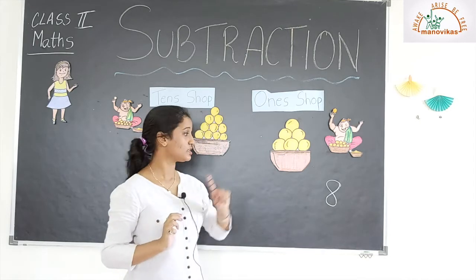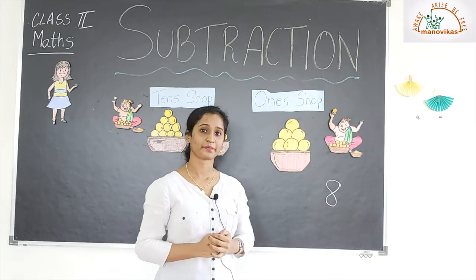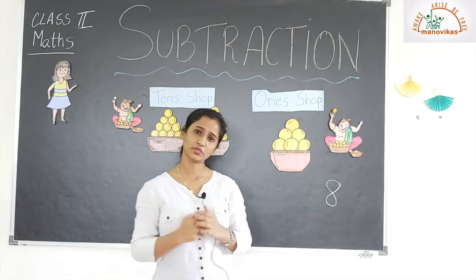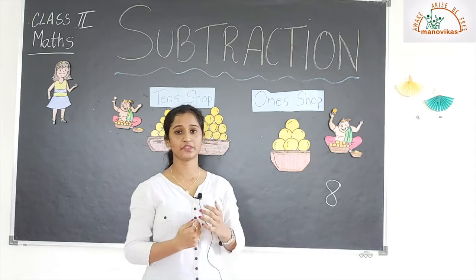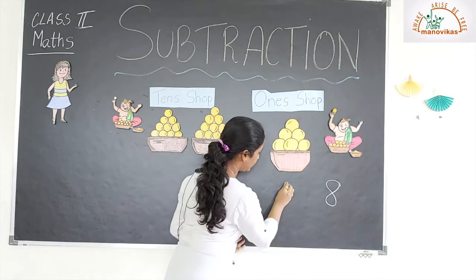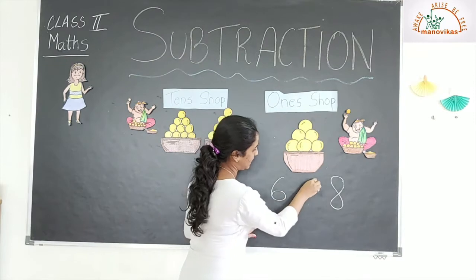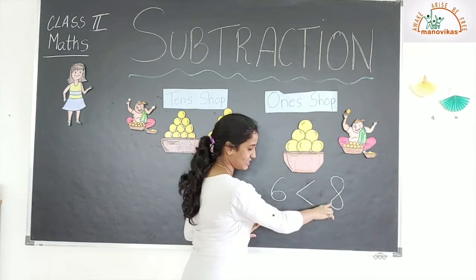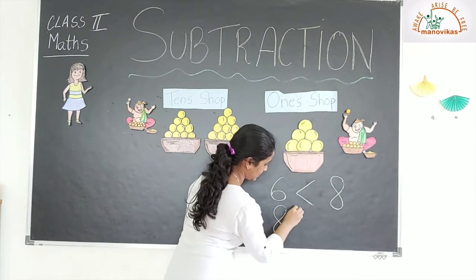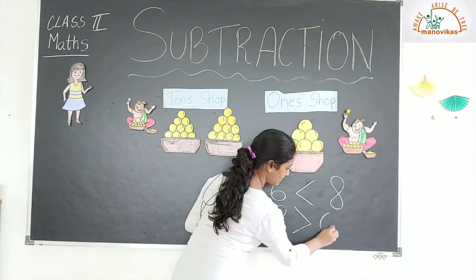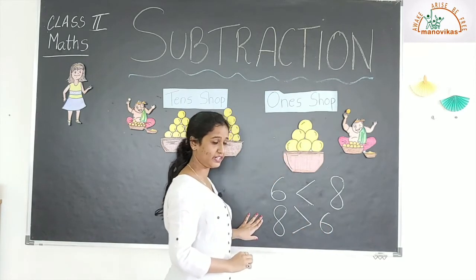And how many laddus did the shopkeeper have? 6. Now can you tell me which is more and which is less? We know that 6 is less than 8 and 8 is more than 6, correct?